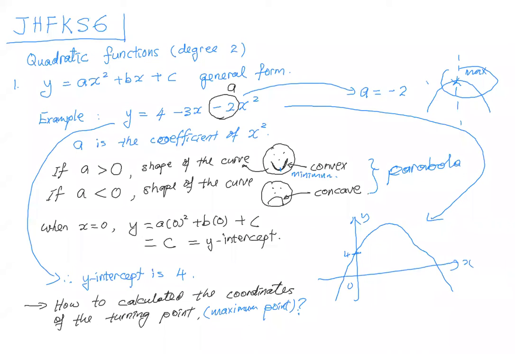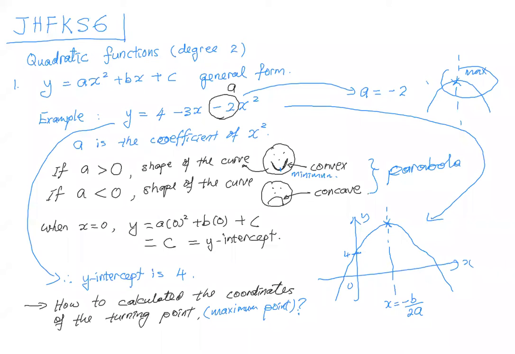You want to find the turning point. There are two ways of finding. There is an x coordinate and a y coordinate of the turning point. This is the axis of symmetry. There is a formula given. If you memorize this formula, then you can get your answer easily.